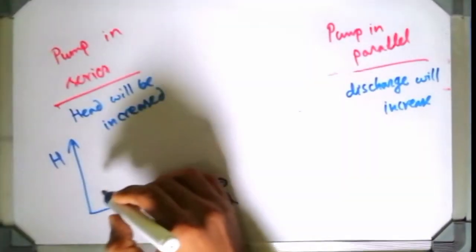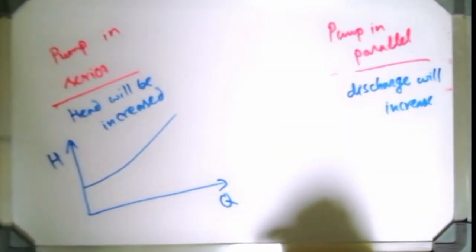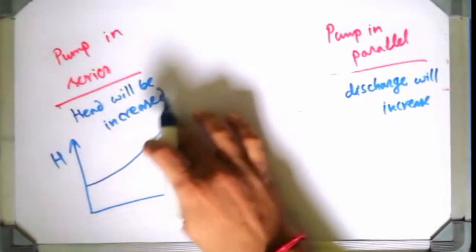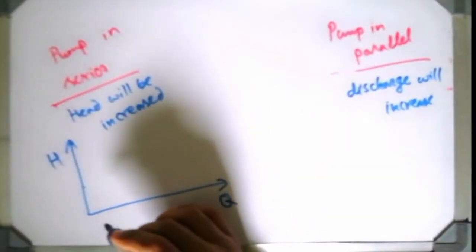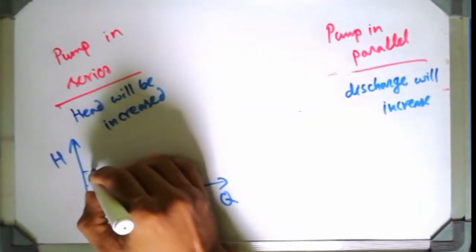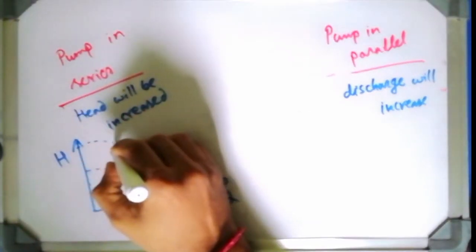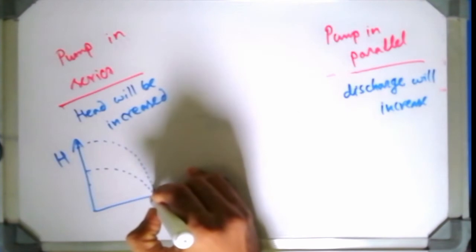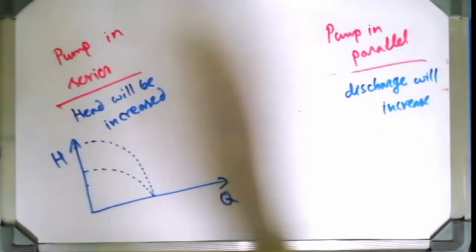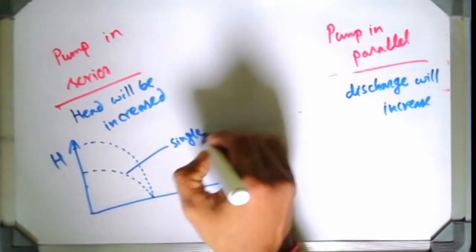Okay, so suppose one head curve is there. I am not drawing the system characteristics now, it will create confusion again. Suppose this one is a curve, and if I connect two identical pumps in series connection, two identical pumps, they are in series. This curve represents the single pump.